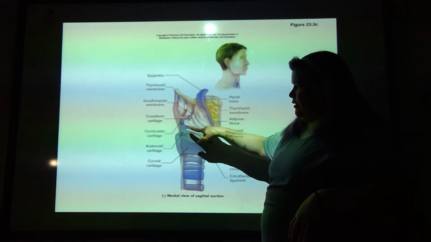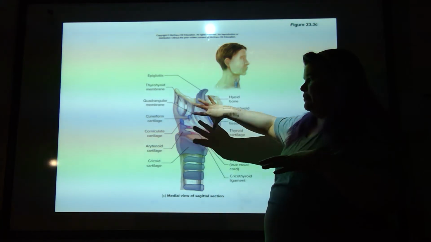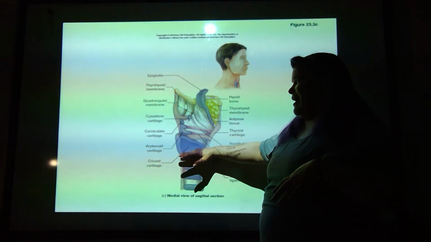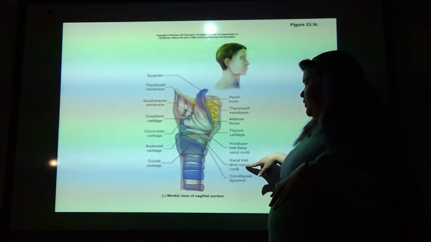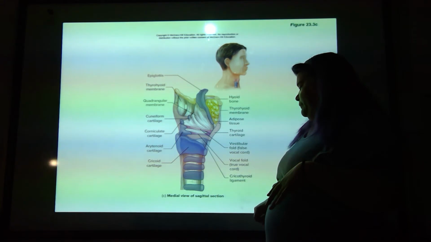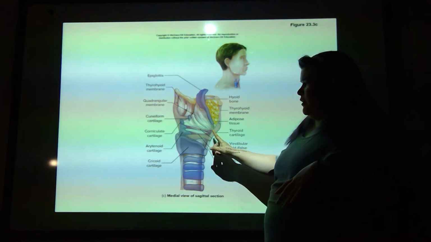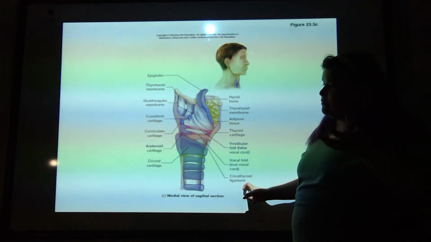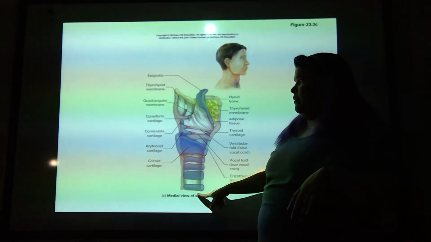So here are those vocal folds. So again, voice box, okay? There's your cricoid cartilage at the base. So you've got the vestibular fold on top, the vocal fold at the bottom, okay? This piece of ligament between my thyroid cartilage and my cricoid cartilage, cricothyroid ligament, and then you've got the tracheal cartilage right here.